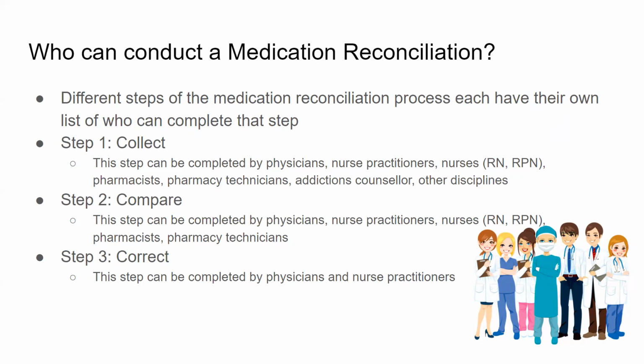In step 2, or the comparison stage, this can be completed by physicians, nurse practitioners, nurses, pharmacists, and pharmacy technicians. And in the final step, or the correction stage, this can only be done by physicians and nurse practitioners.